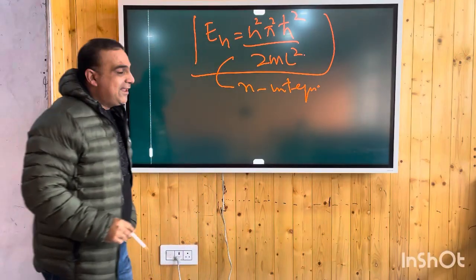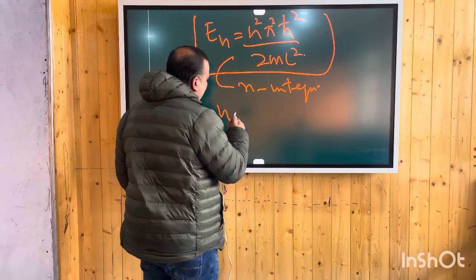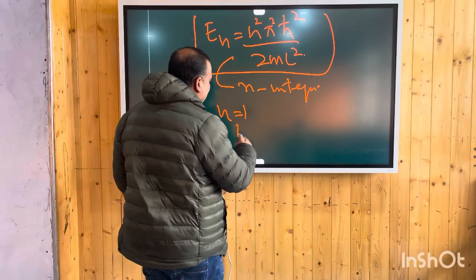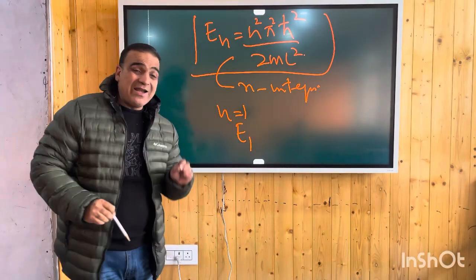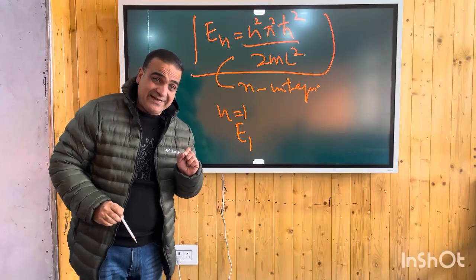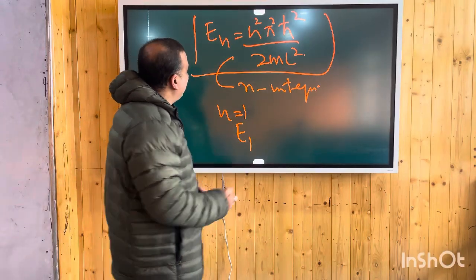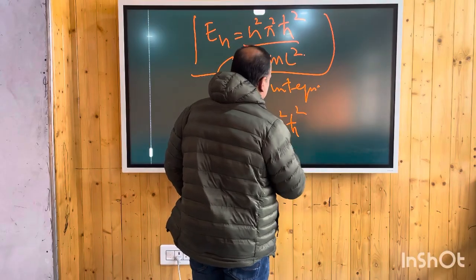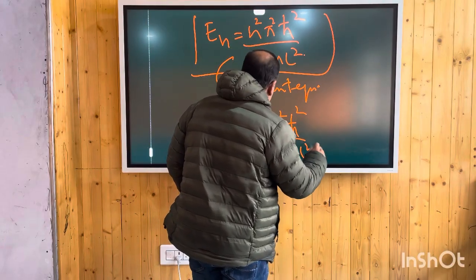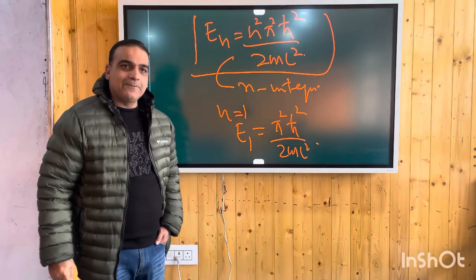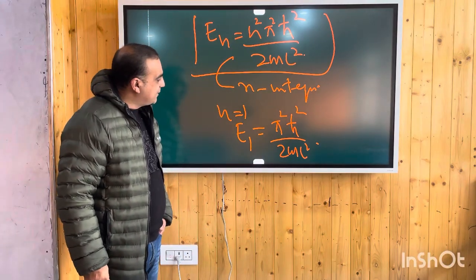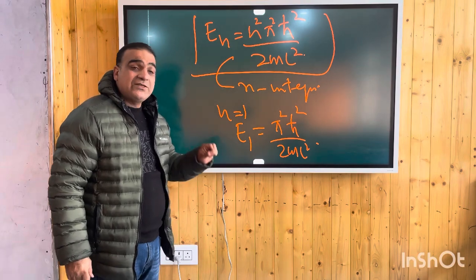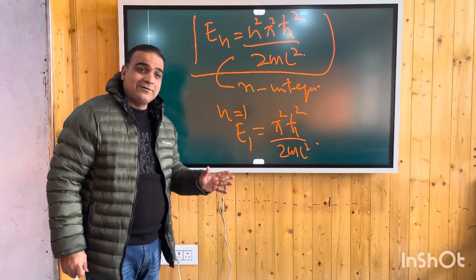So if I take n equal to 1, what will you get? You'll get E1. N equal to 1 means ground state energy. So E1 will be pi square h bar square by 2m L square. What does it mean? It means this particle has the lowest possible energy.